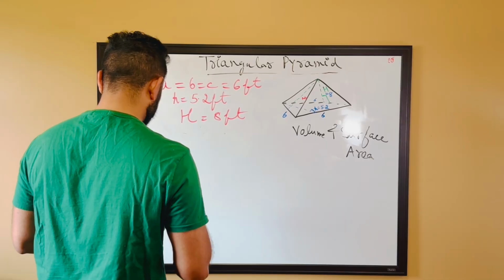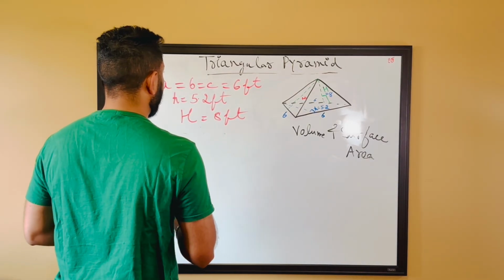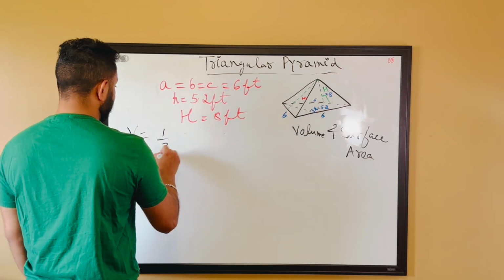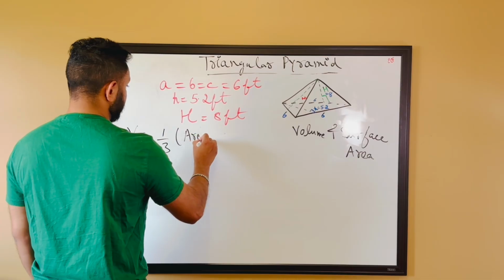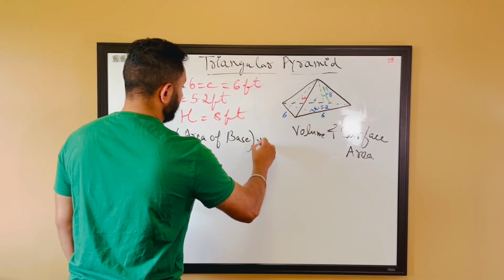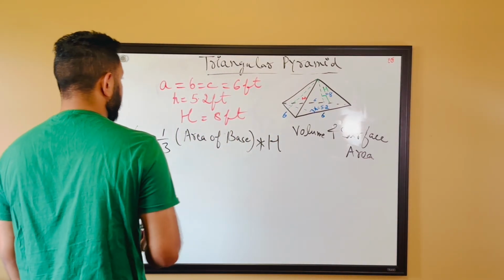What we need to find out first is the volume of triangular pyramid. So the formula is 1/3 area of the base, which is a triangle, into capital H, which is height of the triangular pyramid.